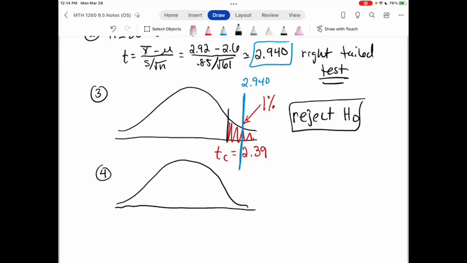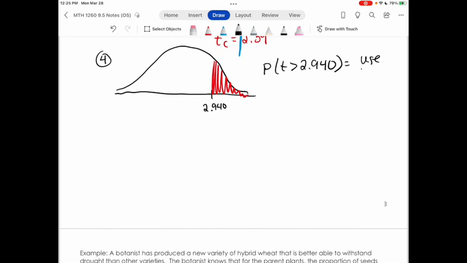Now let's do the same thing checking the p-value method. So we need to find the probability that t is going to be greater than 2.940. Now use your TCDF for that on your calculator.